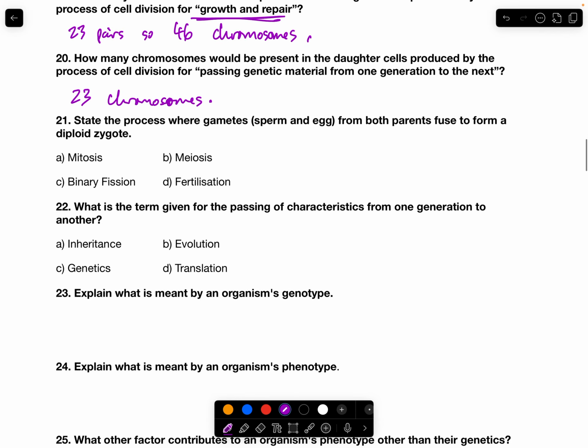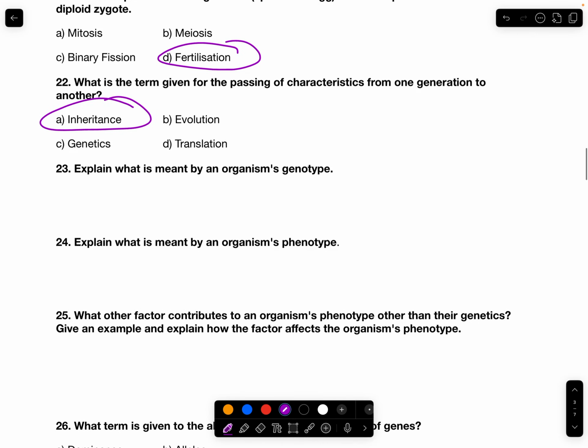State the process where gametes, sperm and egg from both parents, fuse to form a diploid zygote. That is fertilization, where they join together. What is the term given for the passing of characteristics from one generation to the other? Inheritance. What's meant by an organism's genotype? It is the genetic code that decides on the characteristics.